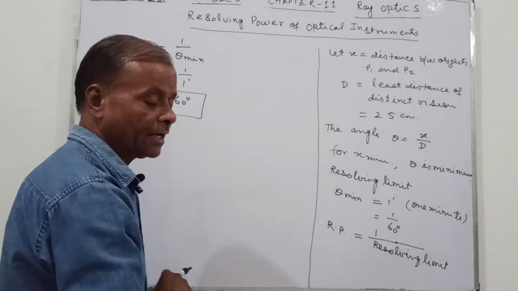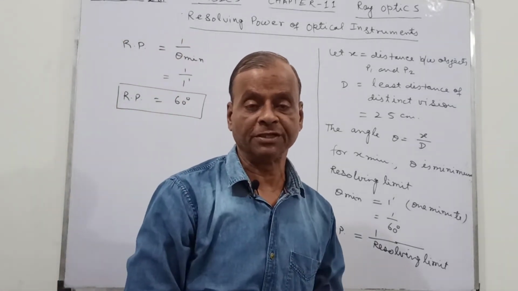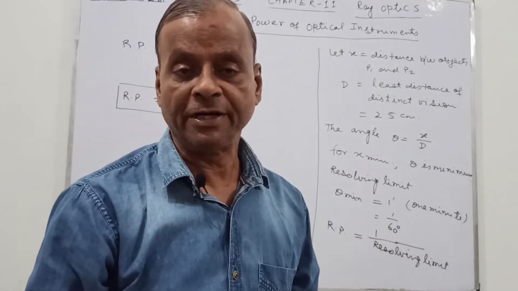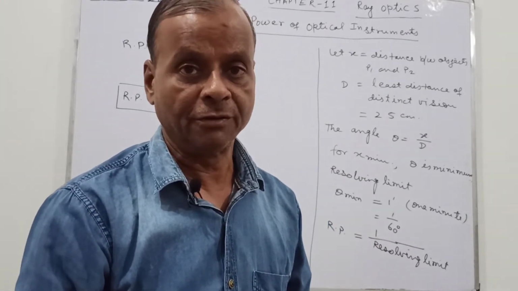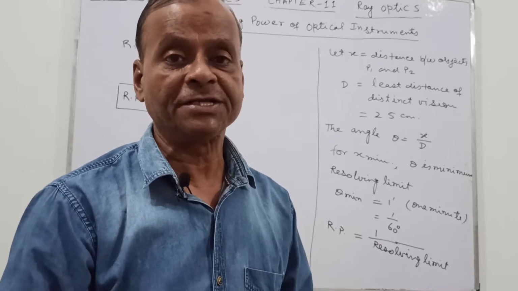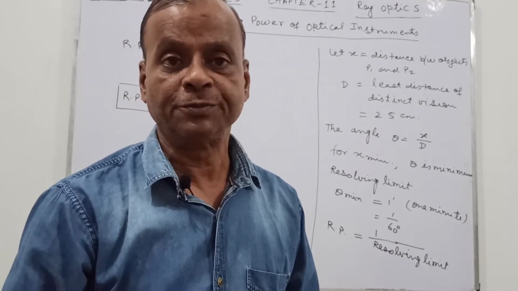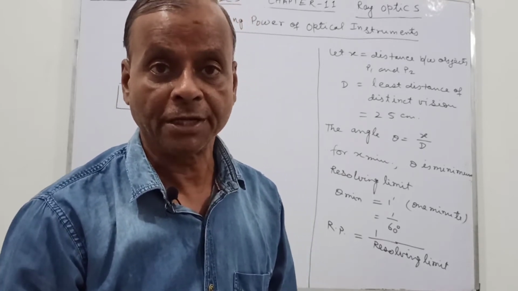It means that our eye can distinguish two objects when the angle made by the two objects is 1 minute. If it is less than 1 minute, the objects cannot be distinguished by the human eye.